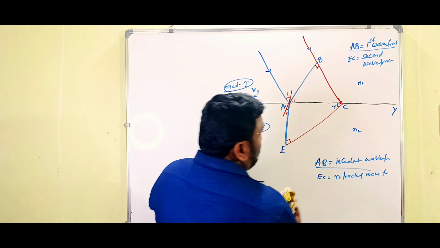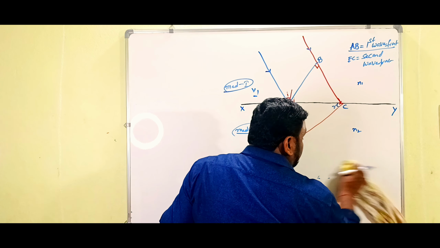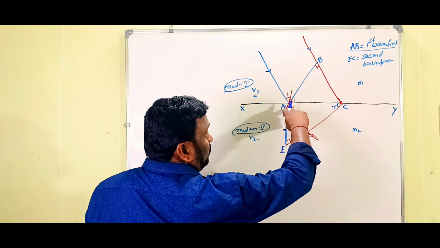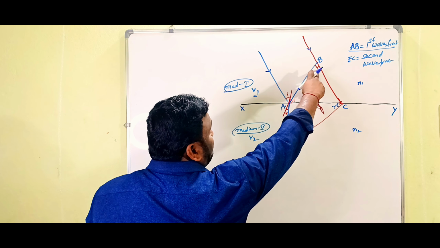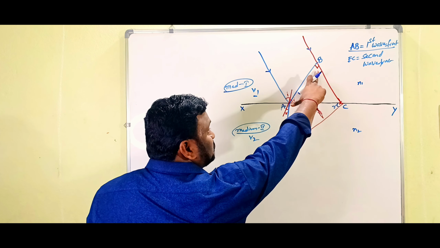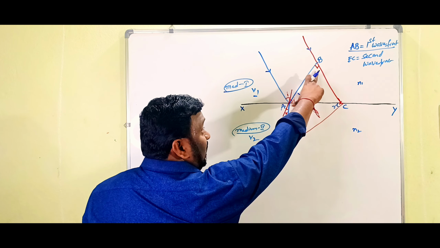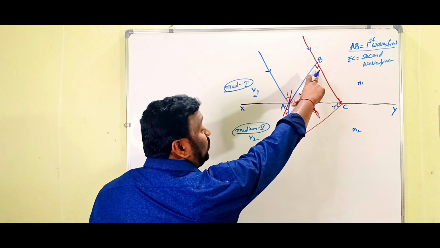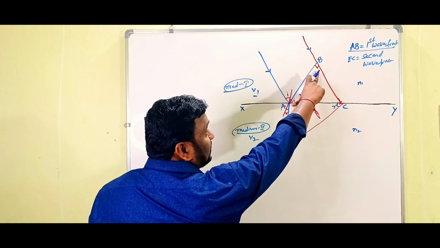Very simple, children. So what do we already know? A is one point on the wavefront and B is one point on the wavefront, but both belong to the same wavefront. When they are on the same wavefront, it means they have the same phase of oscillation.